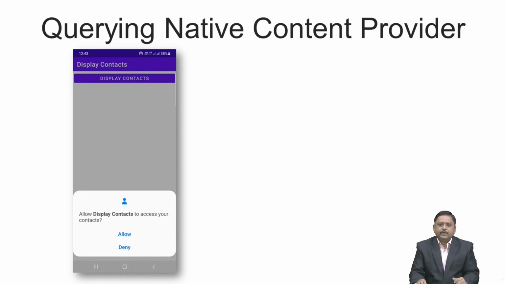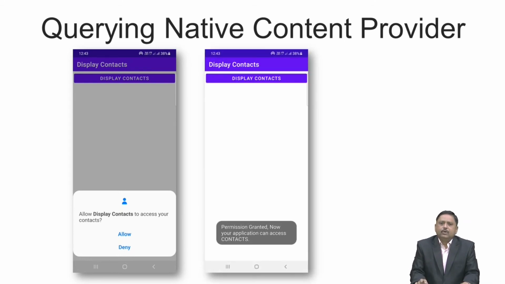So, you can see on the screen, it asks: allow the app to access your contacts. If the user grants the permission, then we can display those contacts, and if it denies, we cannot. On the second screen, for example, if the user grants permission, then we display a toast, permission granted. Now your application can access contacts.